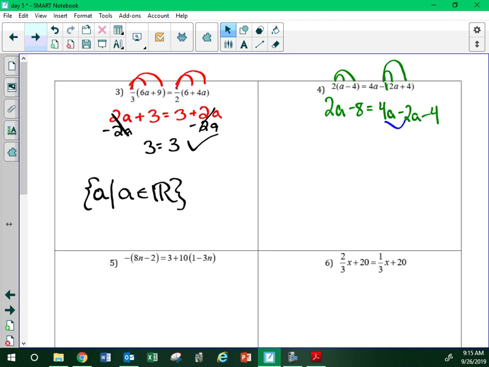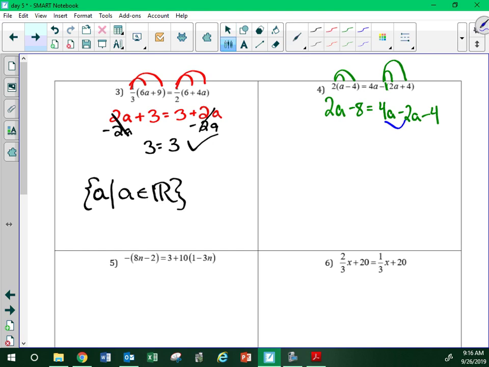That gives 2a and negative 8. If it doesn't have an a with it, we can't combine it, can we? They stay as two separate terms.